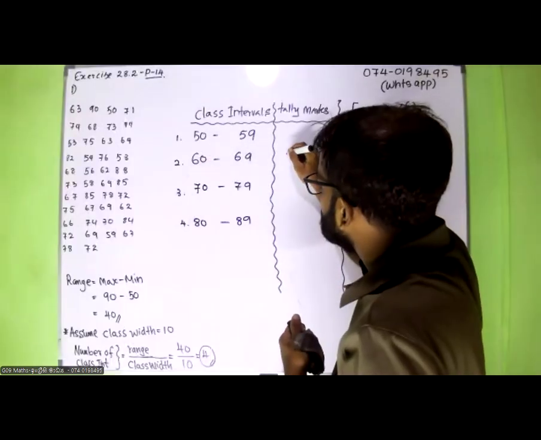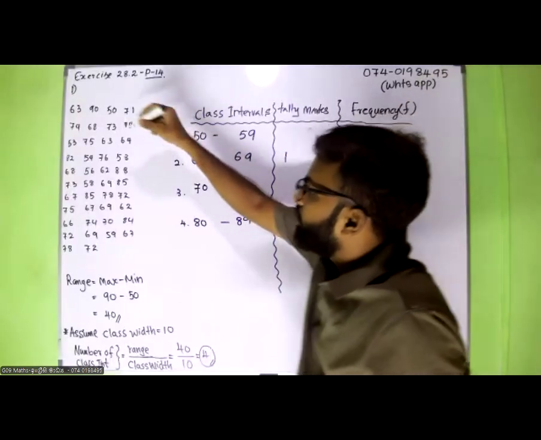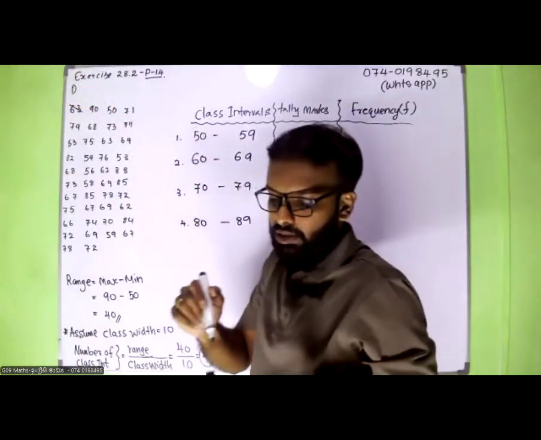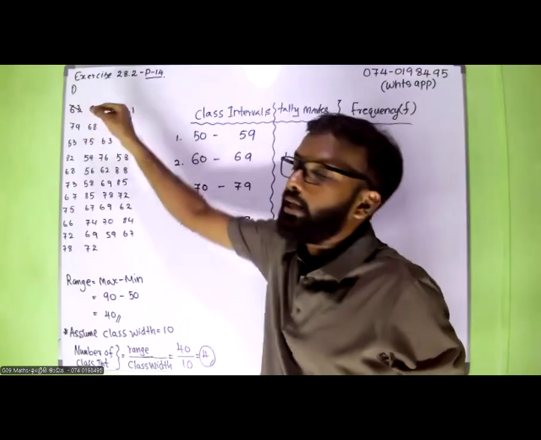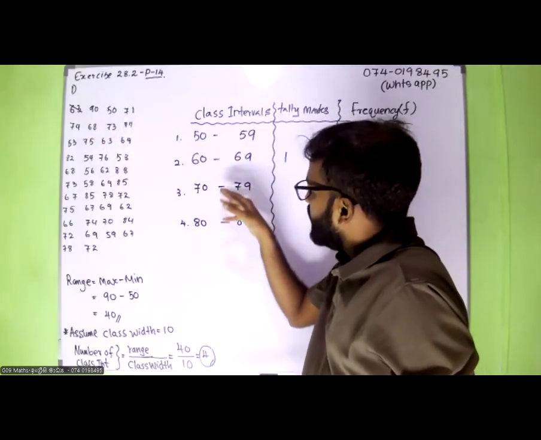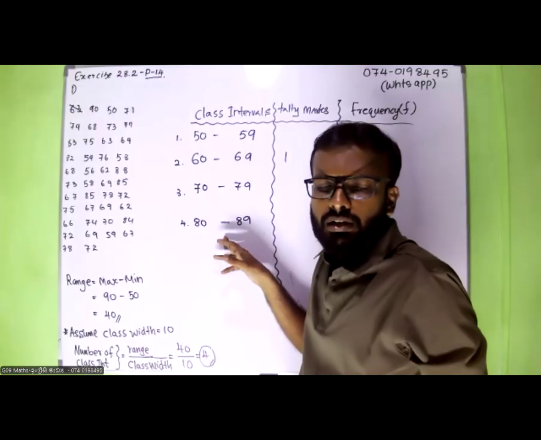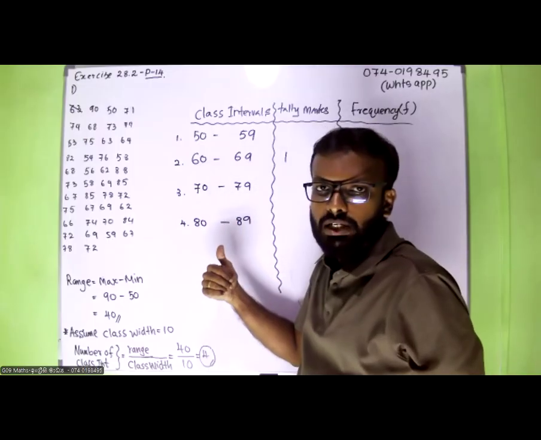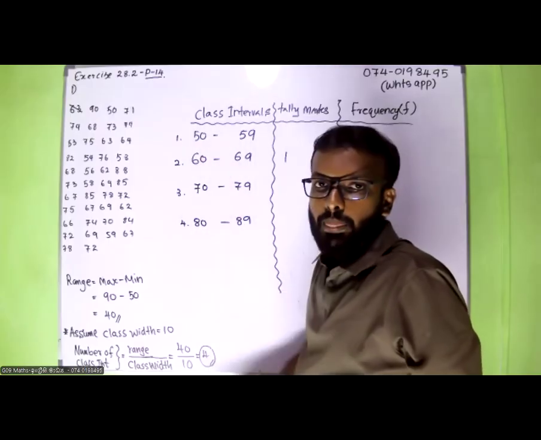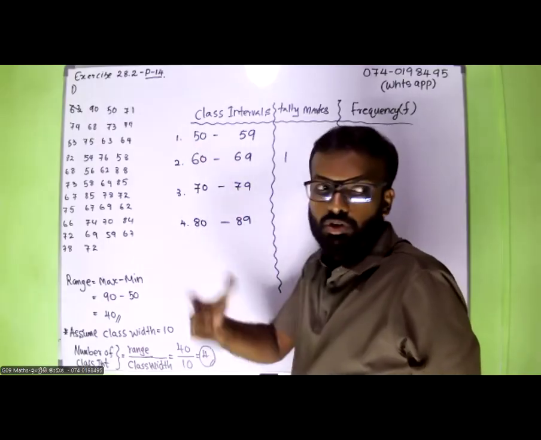That is okay. But when you are going to allocate this 90, is there any class to allocate it to? Can you find any class interval for that? Yes or no?